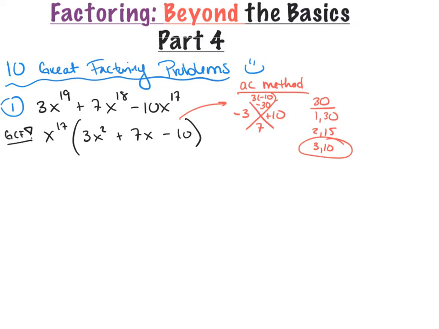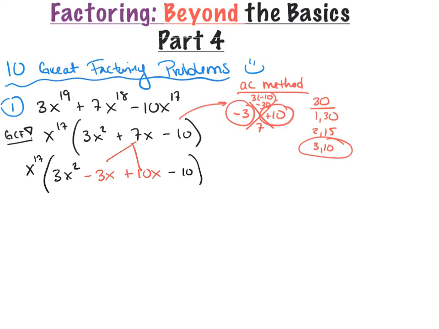So here we go. X to the 17th stays on the outside. And remember, we use these numbers, the negative 3 and the positive 10, to break up the 7. So negative 3x and plus 10x is how that 7x will be broken apart. And then minus 10.